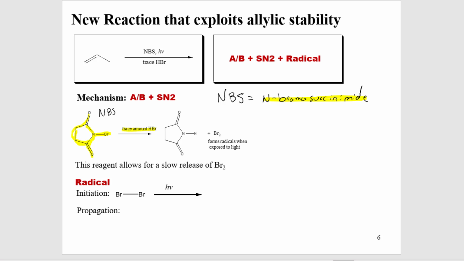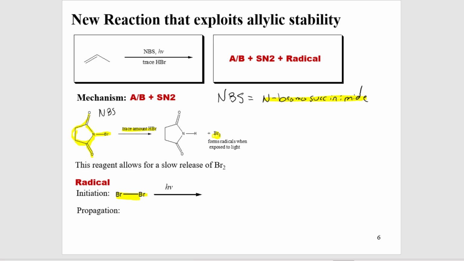Now, what is so special about this reaction? Well, this reagent, when you put it into a solvent, will form Br2 in very, very small quantities. And when Br2 is exposed to light, we know what happens.